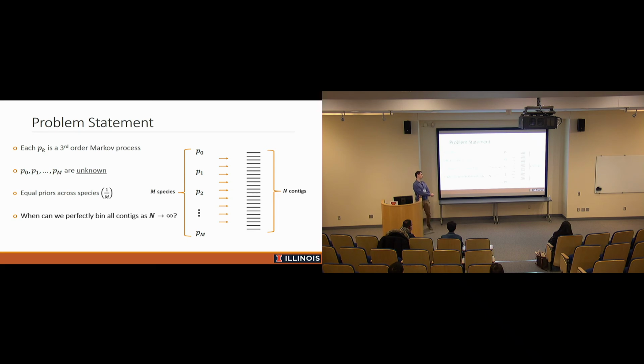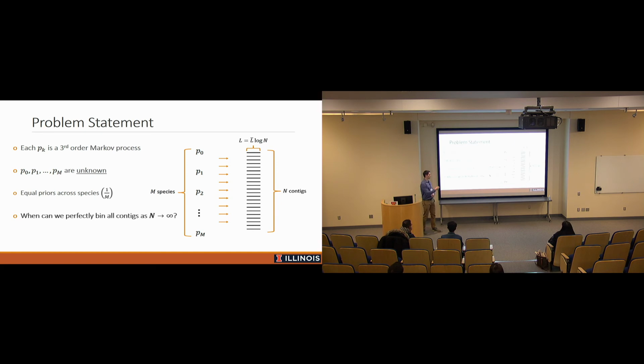What do we mean by perfectly bin? We mean that we want to generate these bins such that each bin perfectly corresponds to which species generated which contigs. You might think at first, well, if we have an infinite number of contigs, you're likely to make an error on at least one of them.